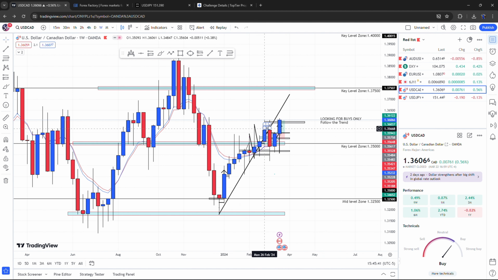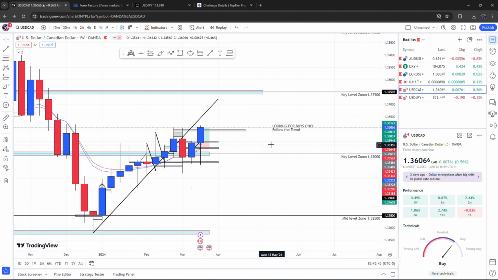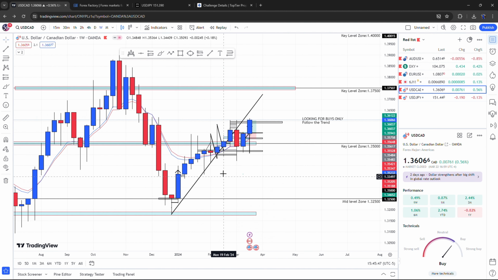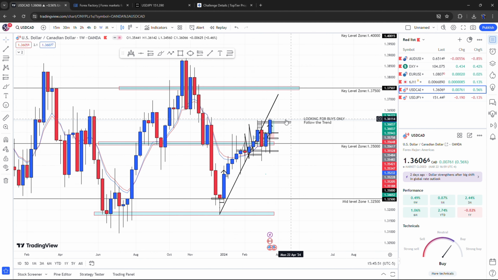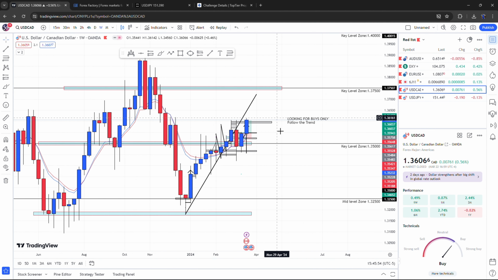Also, the trend is bullish. As we can see, blue is slightly starting to switch over the red here, so I anticipate USD being strong this week, and I'm looking for buys until that level.